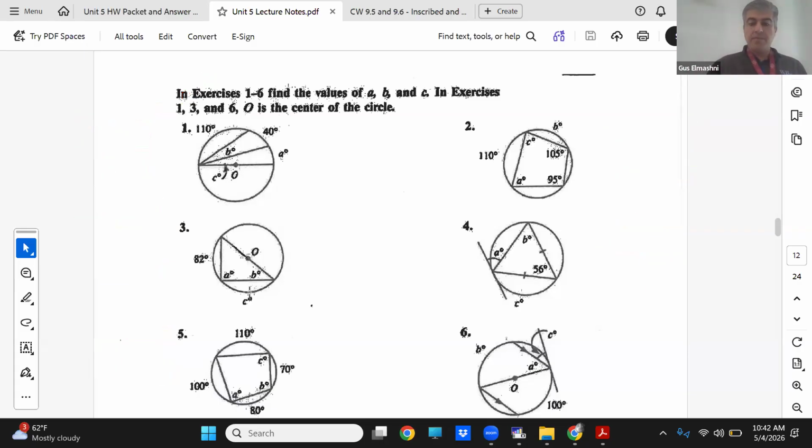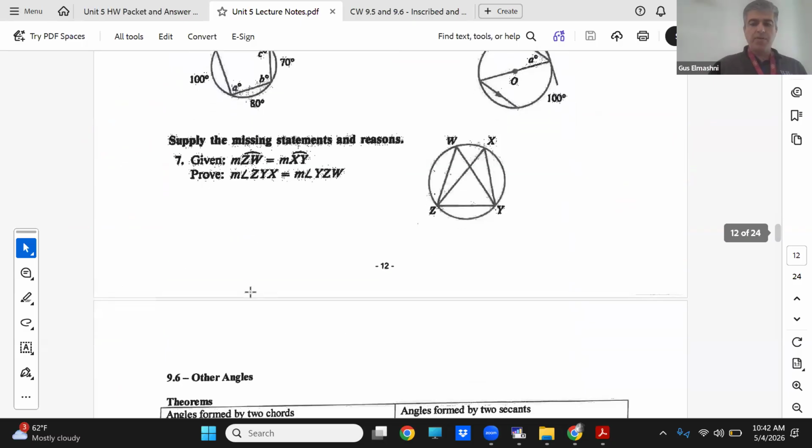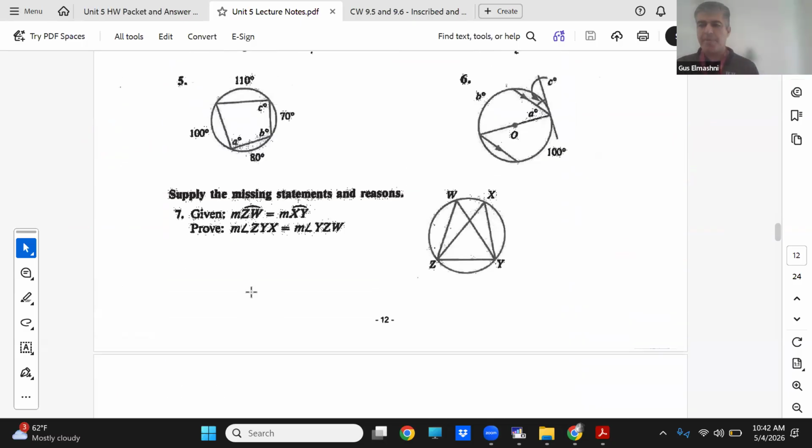Go ahead. All right. Really quickly, just to talk this one out. I'm not going to spend too much time on this, but you're asked to prove that angle ZYX and YZW are the same, and you're told that these arcs are the same. If we just think numerically, being hypothetical, let's say this is 120, and that's 120, and let's say it's 40.